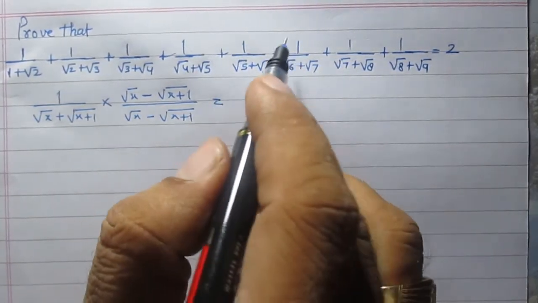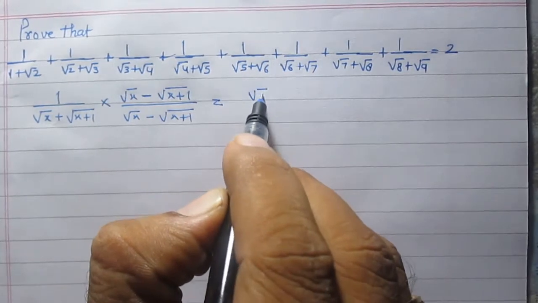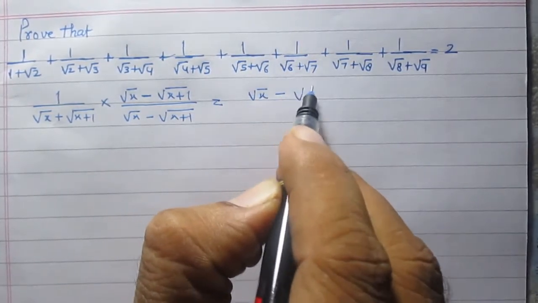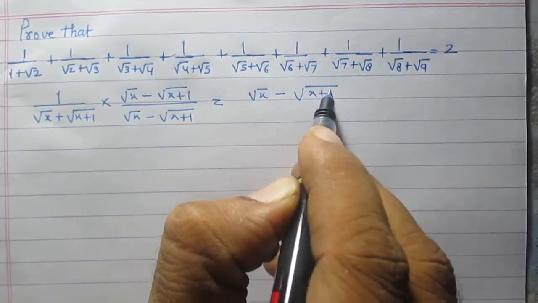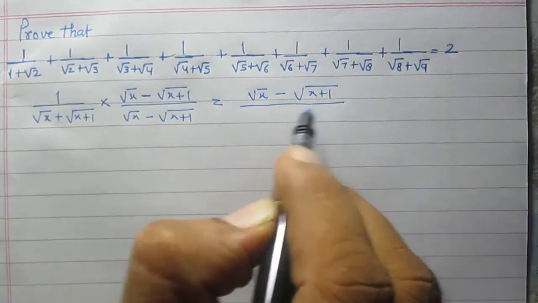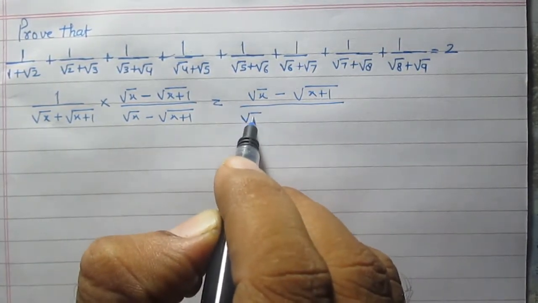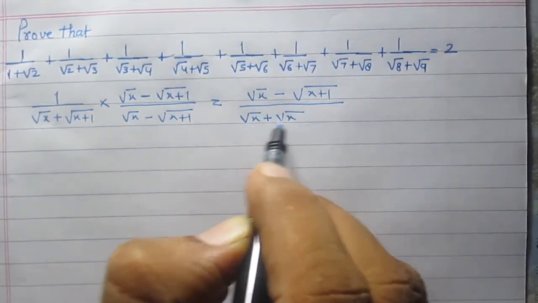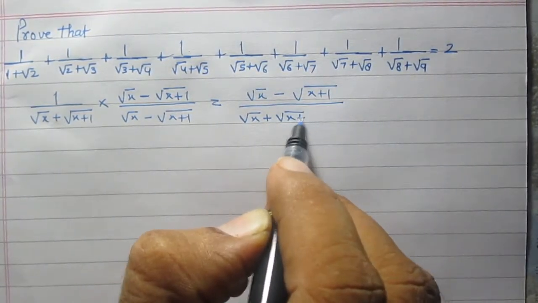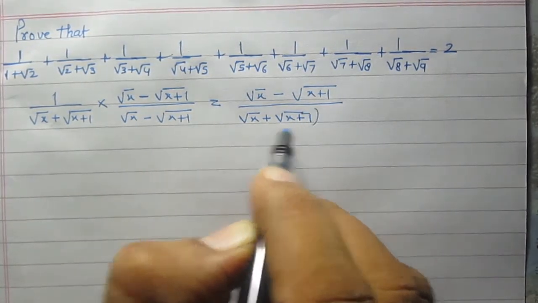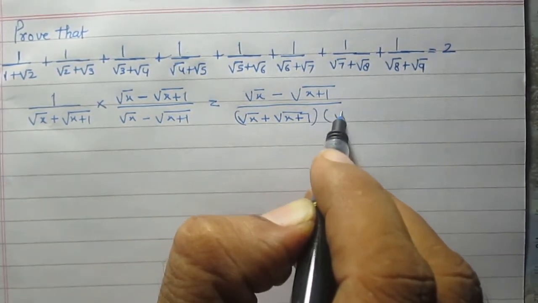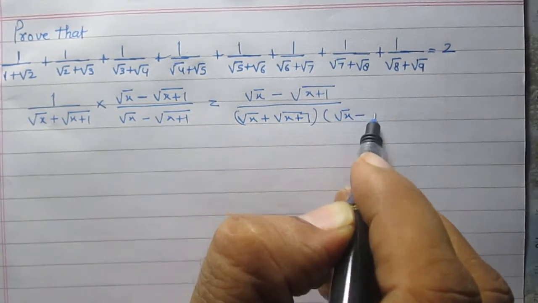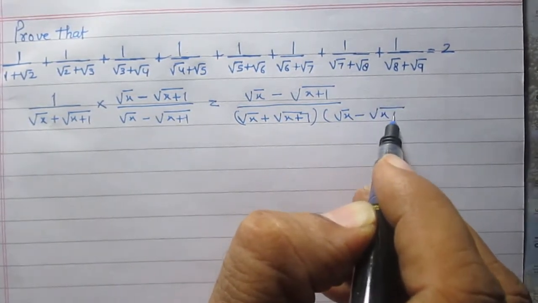Doing so, we will get the numerator as square root of x minus square root of x plus 1, and the denominator is multiplication of two parts. The first is square root of x plus square root of x plus 1, and the second part is square root of x minus square root of x plus 1.